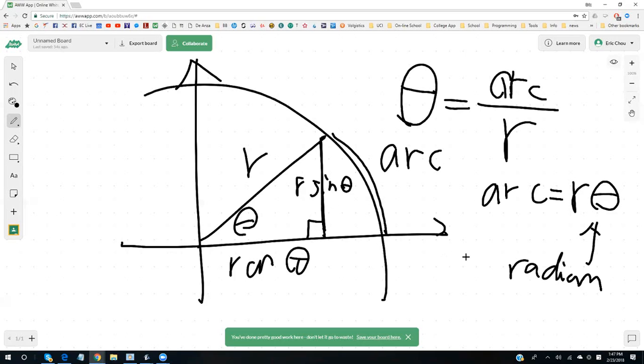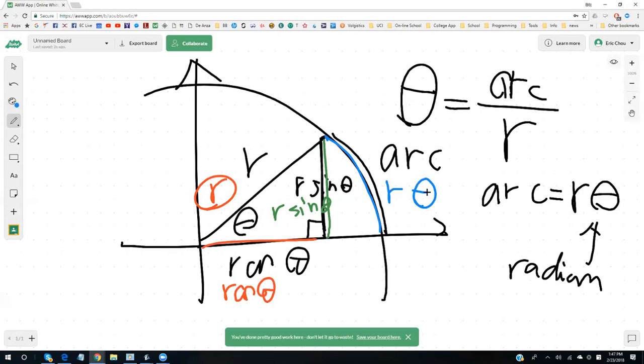So in this chart right here, we have R over here. We have R cosine over here. We have R sine over here. And then we have R theta over here.